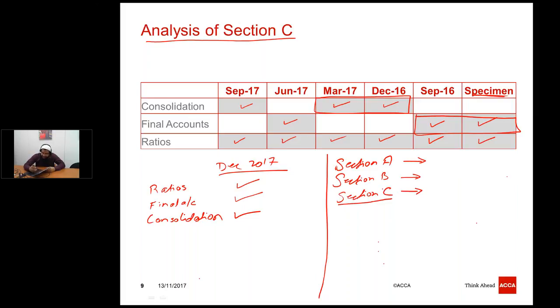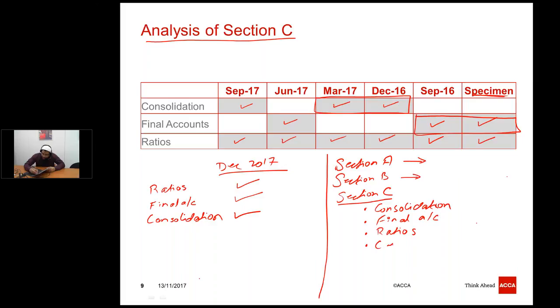Section C is mainly either consolidation or final accounts. By final accounts, we mean entity-specific financial statements, individual financial statements, or ratios. These are the three most common areas in section C.